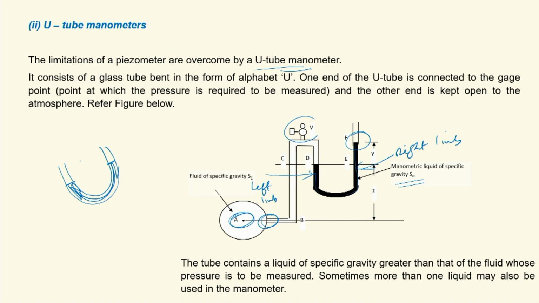So initially the level will be somewhere here, along this line. Now, when the liquid is flowing, the pressure is transmitted through the left limb. The column of manometric liquid in the left limb will be pushed down, and accordingly, because of continuity, the level of manometric liquid in the right limb will go up.